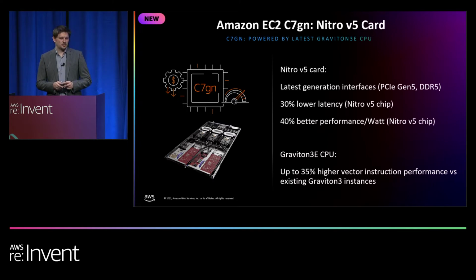C7GN instances are powered by the latest Graviton 3E CPUs. These were also introduced a little bit earlier this week. They offer up to 35% higher vector instruction performance versus Graviton 3 instances, and these are the highest performance Graviton instances in AWS. So we want to make sure customers get sufficient performance and have no limitations on these instances in terms of CPU performance.